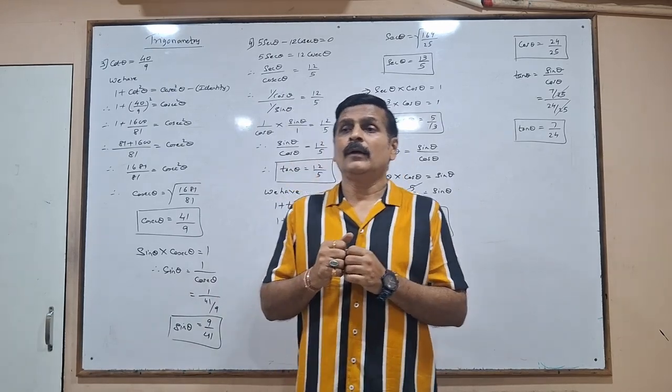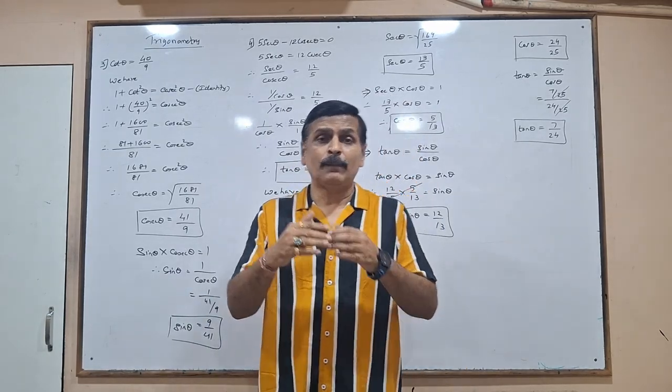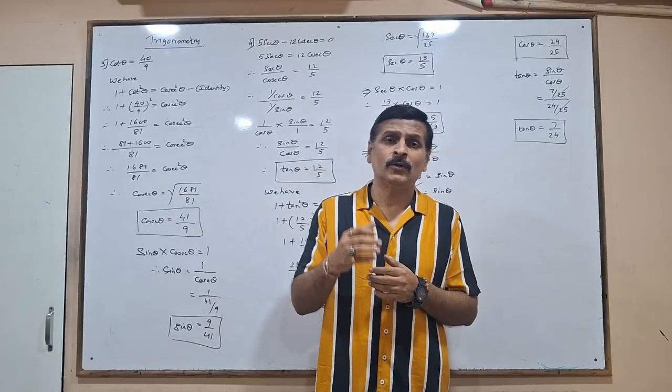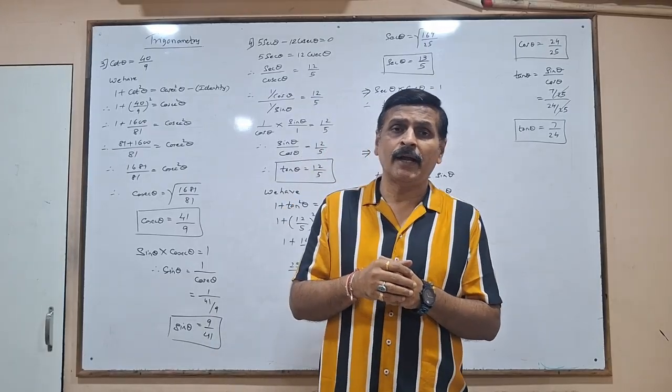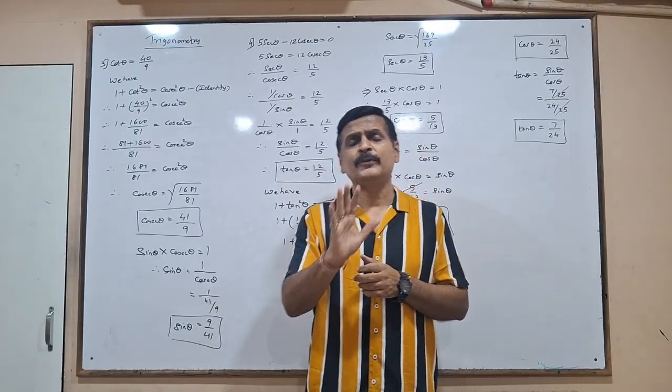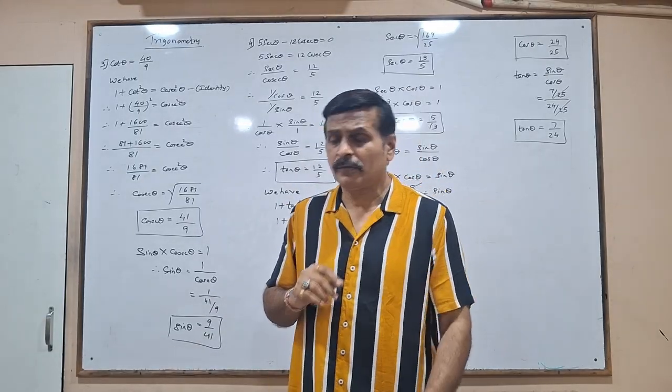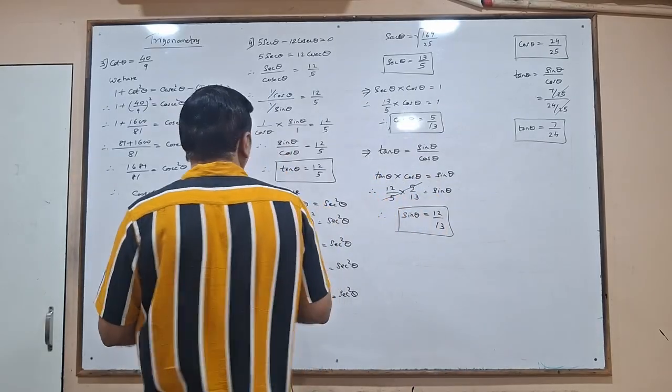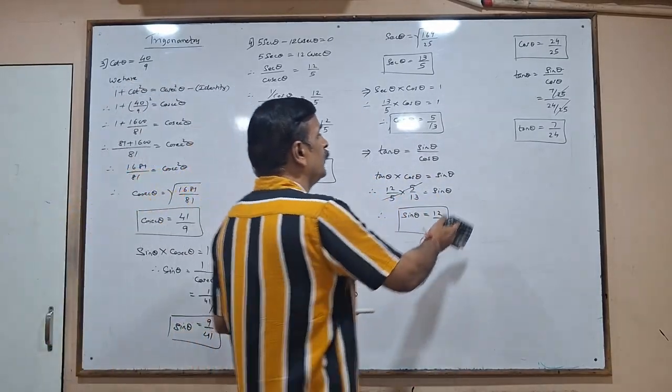In fact, as a practice, you should write these 5 relations and 3 identities daily one time. It helps you a lot for remembrance, and if you have remembered it properly, you can apply it correctly.